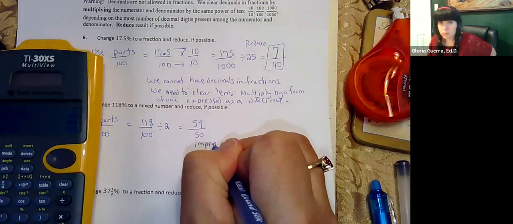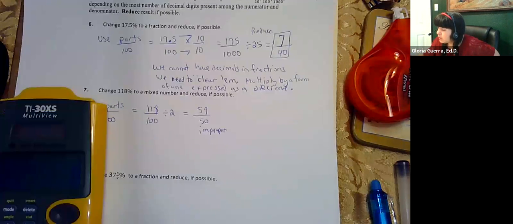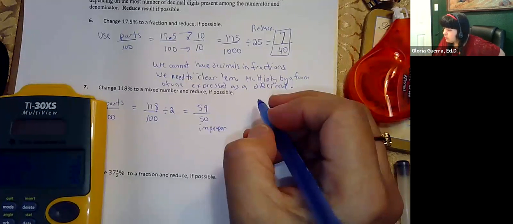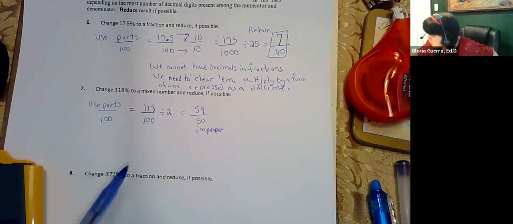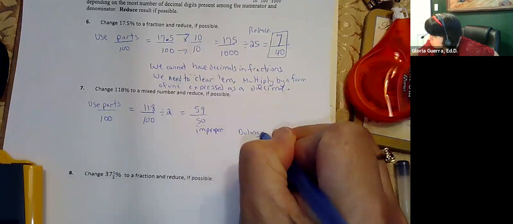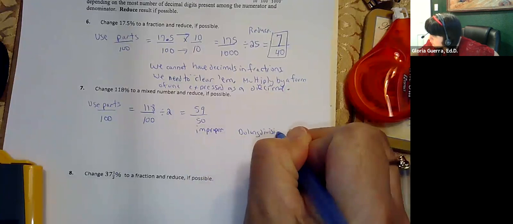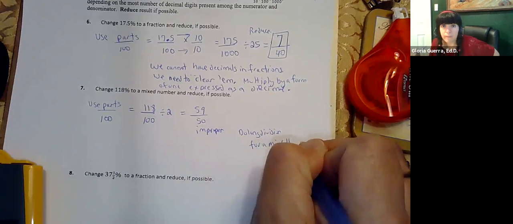And that's improper, which means if you want to write this as a mixed number, you're going to do long division for a mixed number.